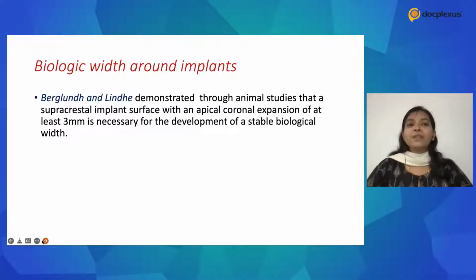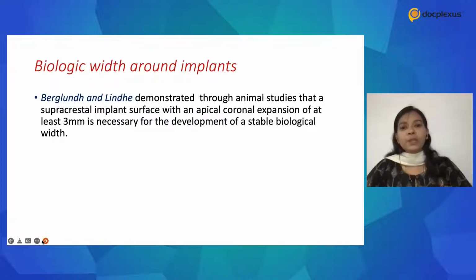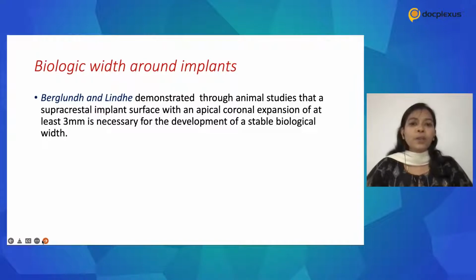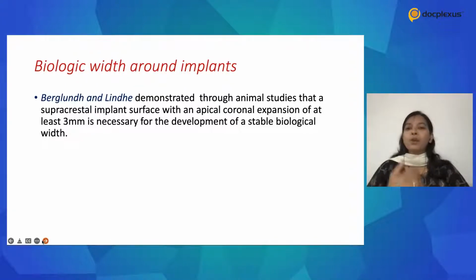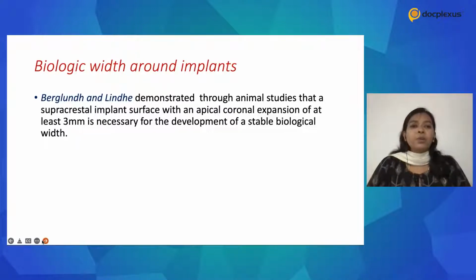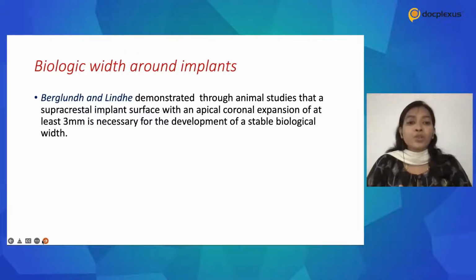Next important thing is the biologic width around the implants. Biologic width is nothing but the combination of the epithelial as well as the connective tissue component. This component is very important to enable the formation of that bundle which I spoke about. So when the biologic width is compromised, it means that the supraalveolar collagen fiber bundle is not going to form.